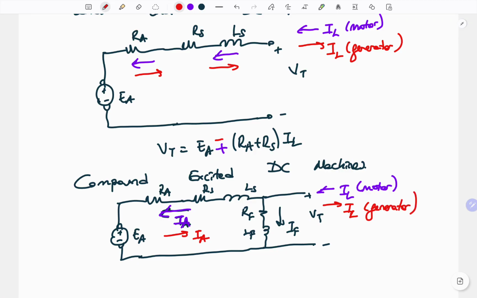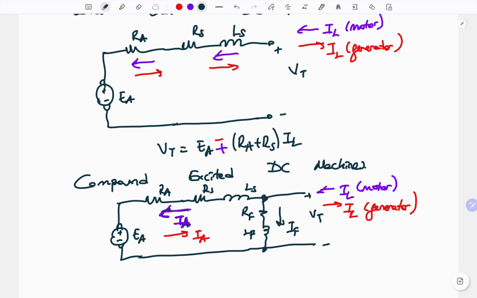In addition to that, for the compound excitation, we have here a long shunt connection. Why? Because after we connect everything, after the series connection, we have the parallel connection. So it's called long shunt compound excitation.